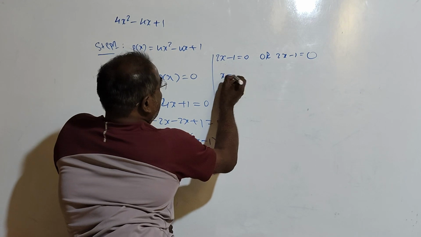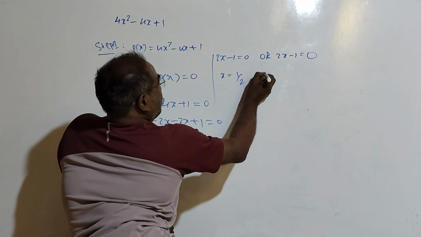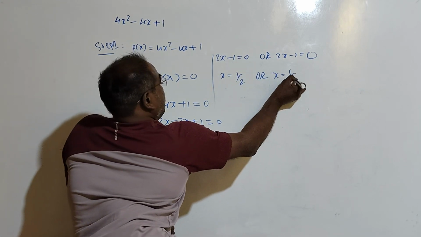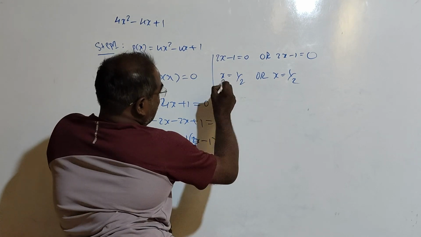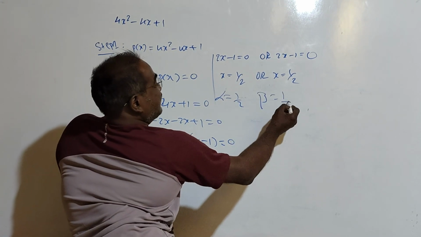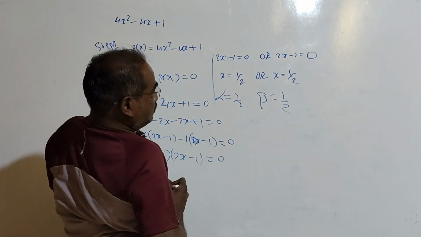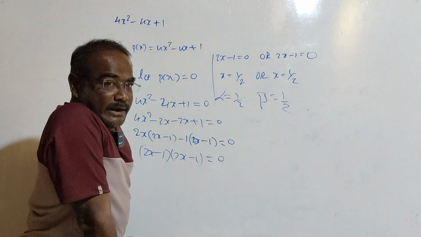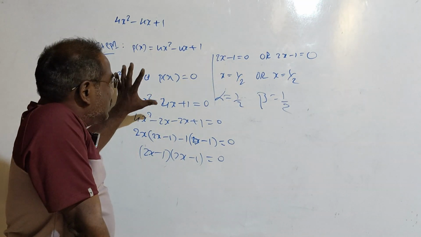By simplifying, it will become x equal to 1 by 2 or x equal to 1 by 2. So alpha is 1 by 2, beta is 1 by 2. I hope you are getting what I mean.